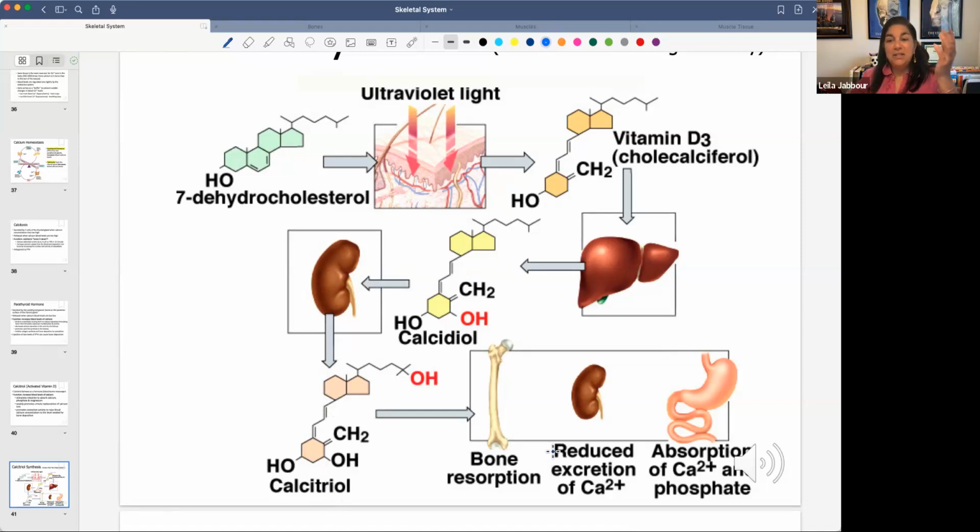And this vitamin D is really important in bone resorption, reduced excretion of calcium, and stimulation of the absorption of calcium. All this is to increase calcium levels in the blood, because that's what vitamin D does, synergistically with PTH.